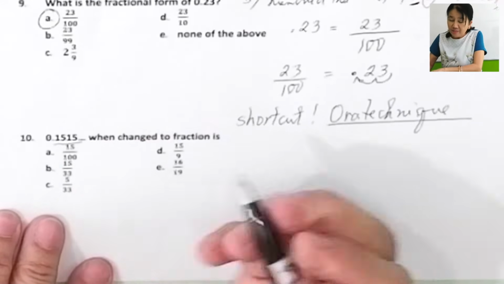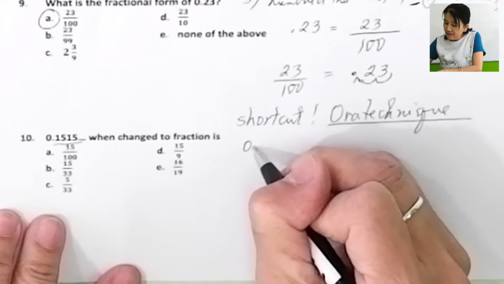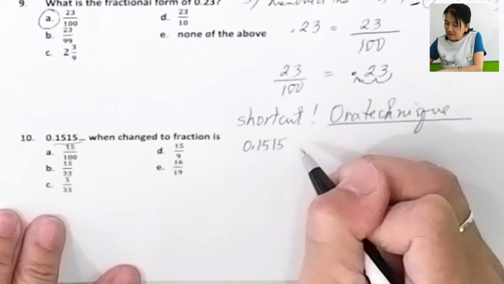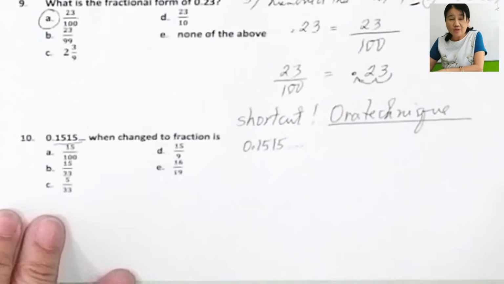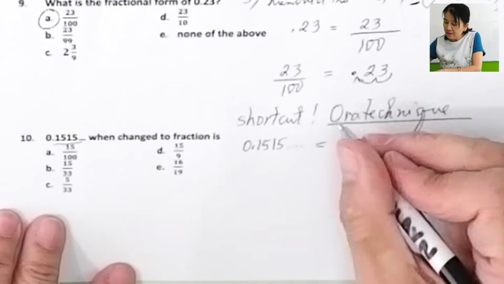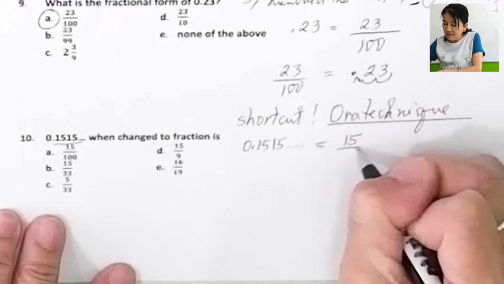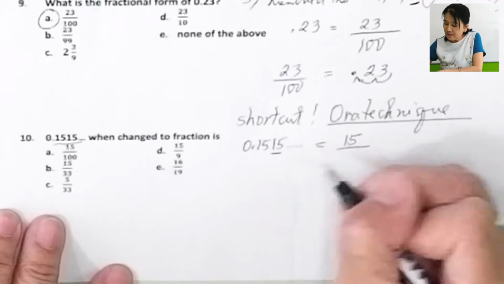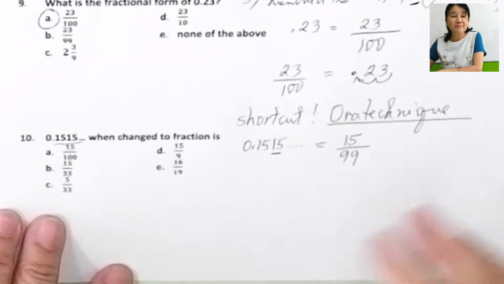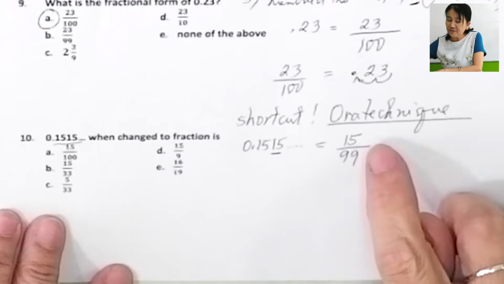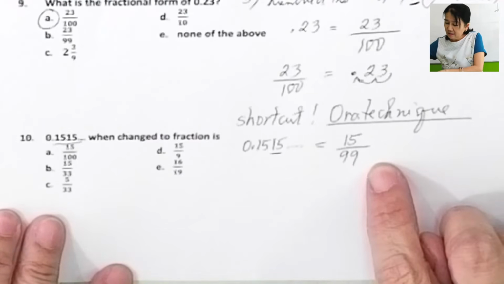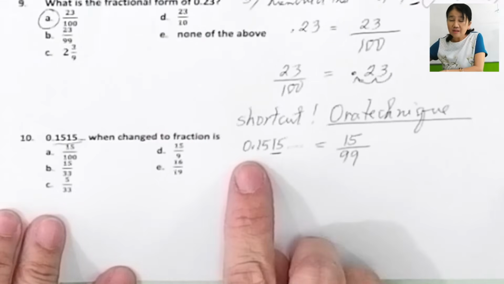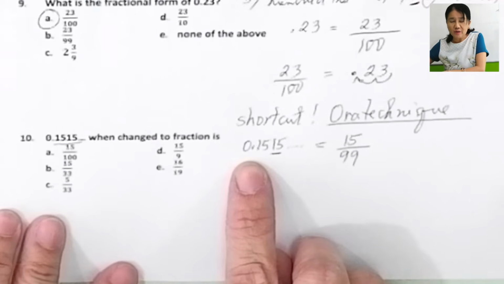Notice that this is a repeating decimal. When you have a repeating decimal like this, it means that it goes on and on. Now what you can do, you copy the repeating decimal 15 and then your denominator, when there are 2 repeating decimals, will be 99. Get your calculator, press 15 over 99, and you will see that it will produce 0.15151515.